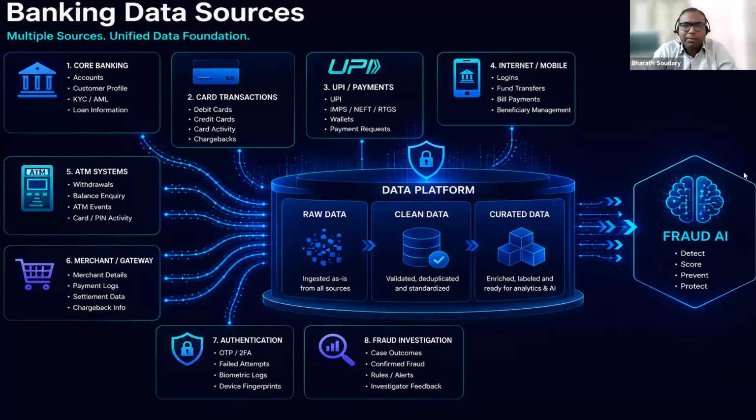Feature pipeline: features are created from the curated data, where it is enriched and prepared for analytics. For example, transaction frequency, so based on the past transactions, it comes up with the frequency of how often the customer is doing transactions, average transaction amount, device changing, location changing, merchant risk, authentication strength.